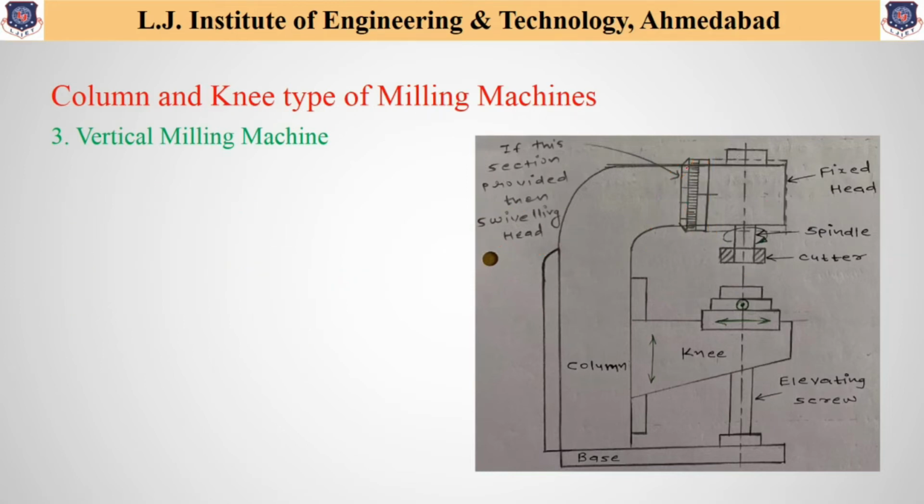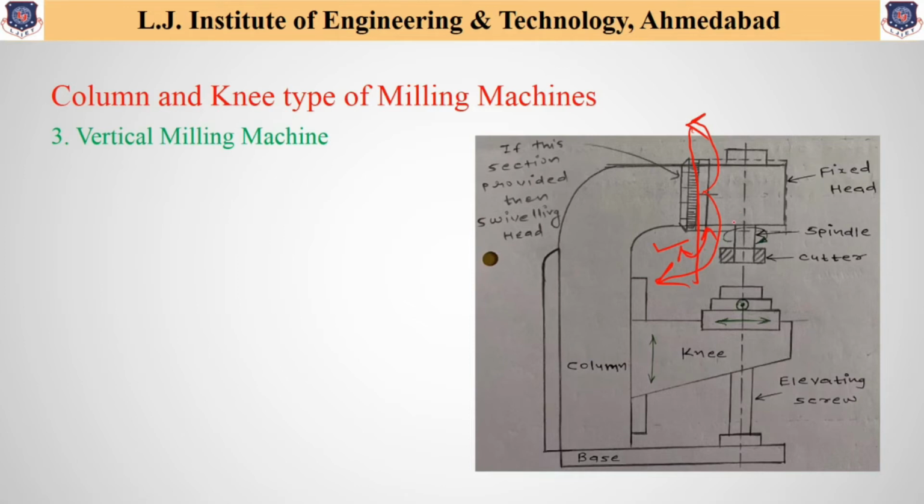Now if a swiveling head is available, that means if the arrangement provided over here is on this axis, this head can be swiveled around this axis, meaning the head can be moved in both directions. At that time this vertical spindle can be rotated about that particular axis.